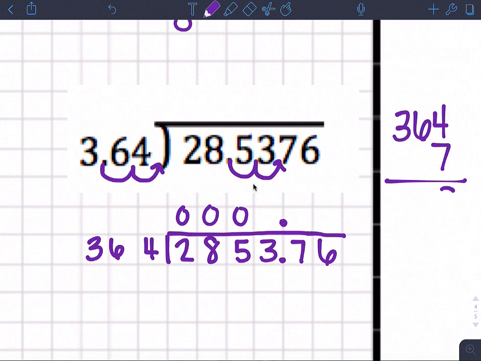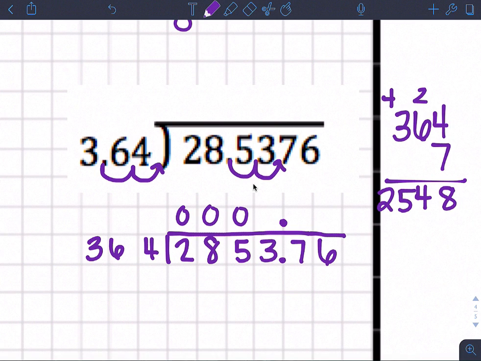7 times 4 is 28. 7 times 6, oops, sorry, put the 2 up. 7 times 6 is 42, plus 2 is 44. The 4 up. 7 times 3 is 21, plus 4 is 25. Alright, so I have 2,548.